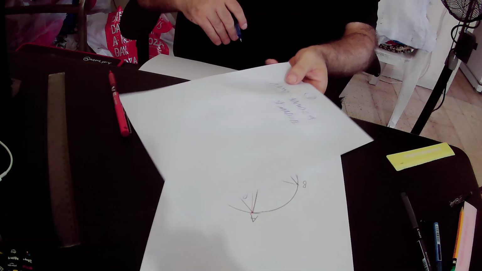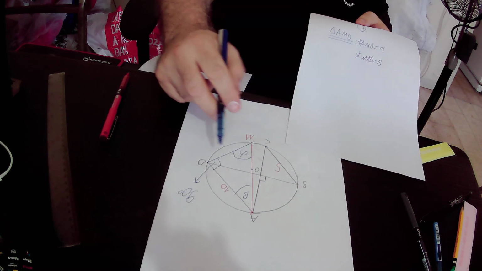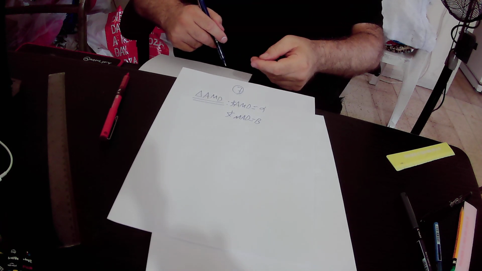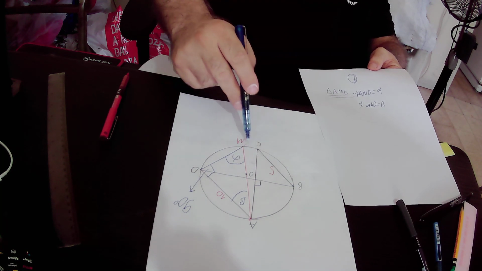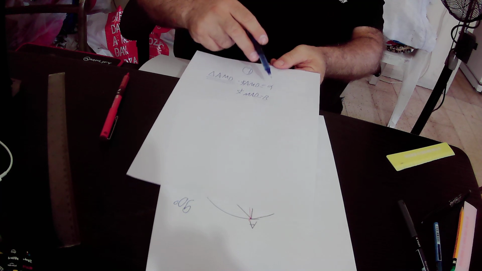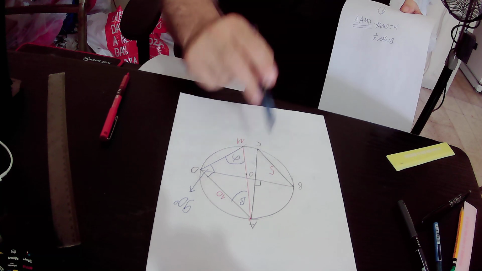So in the right triangle AMD, angle AMD equals alpha, and angle MAD equals beta.